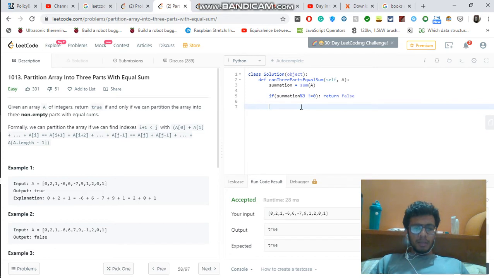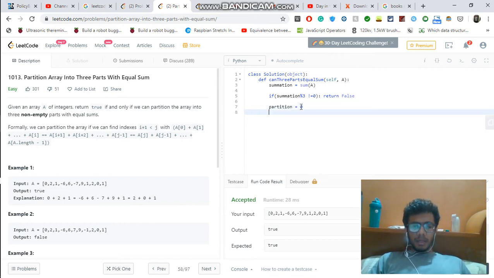Now what we are thinking is that let's maintain the number of partitions. Then let's also track the summation already done. Let's call it temp.